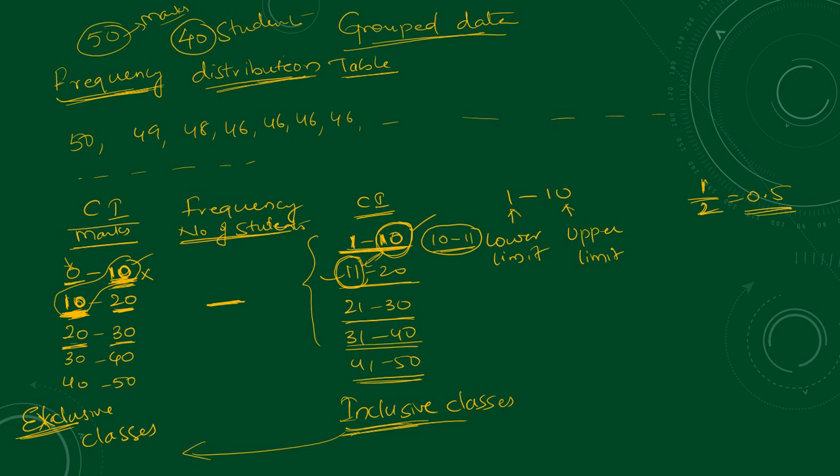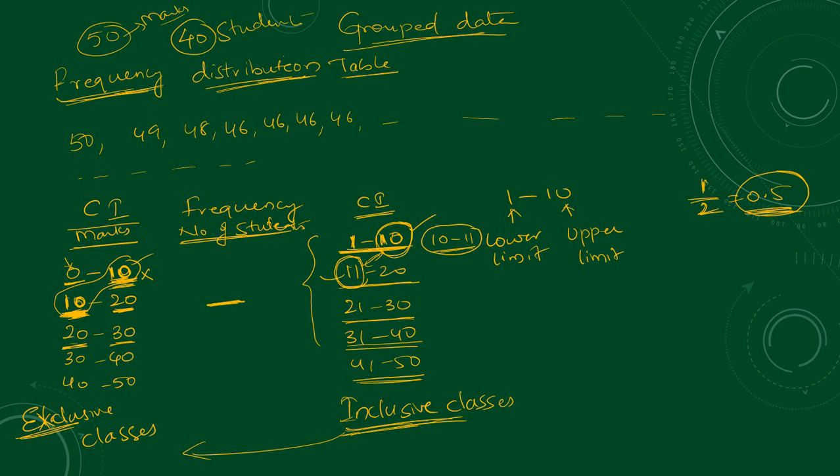Since the difference is 1 and its average is 0.5, to change these inclusive classes into exclusive classes, we subtract this 0.5 from the lower limit and add it to the upper limit.